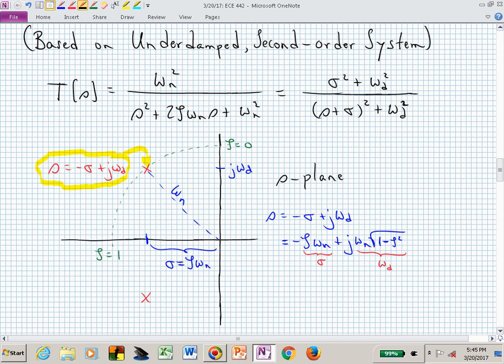The damped frequency is the vertical distance from the real axis. The damping sigma, which is the damping ratio times omega sub n, is the distance into the complex S-plane in the horizontal direction. And I might now call that S equal to minus sigma plus j omega sub d, or I may break it up and parameterize it in terms of zeta, the damping ratio, and the natural frequency, omega sub n.